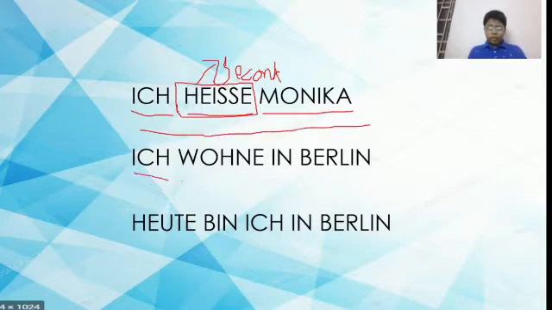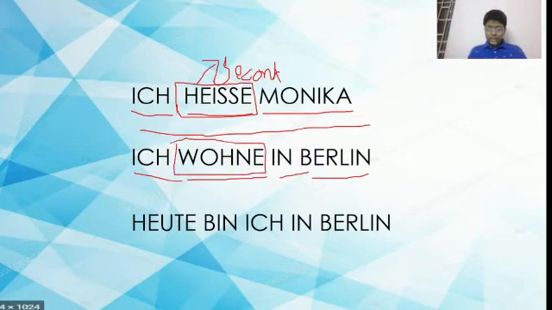Then ich wohne in Berlin means I live in Berlin. In this sentence also, wohne, which is a verb, meaning live, is in the second position. And the last, heute bin ich in Berlin.